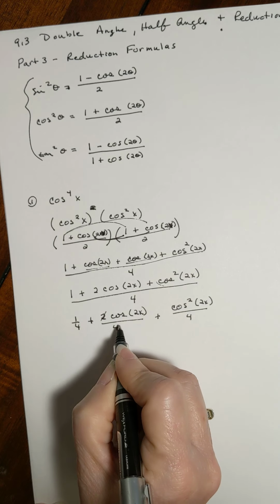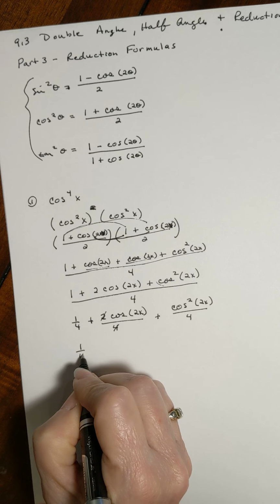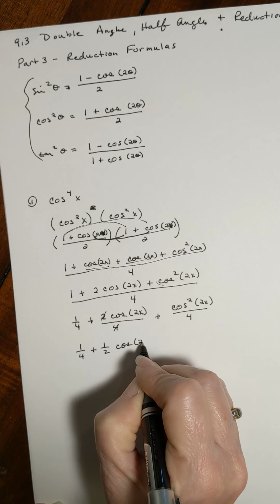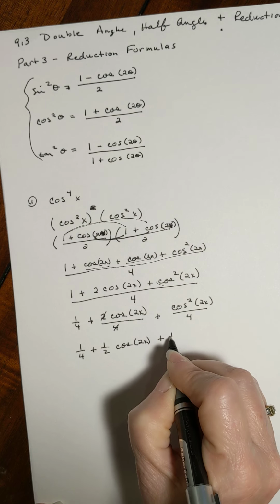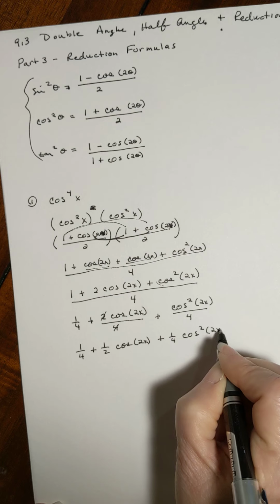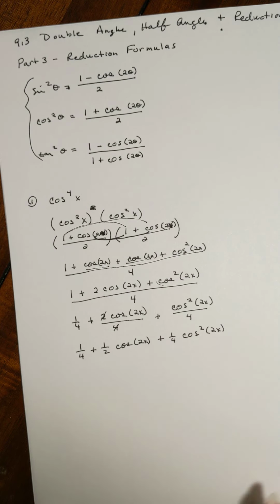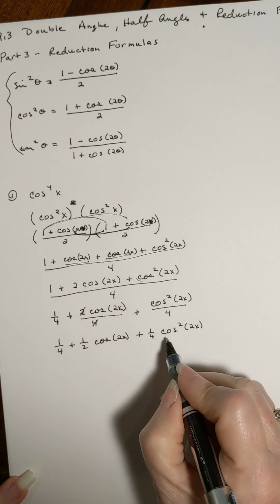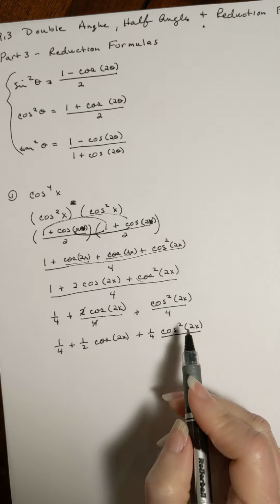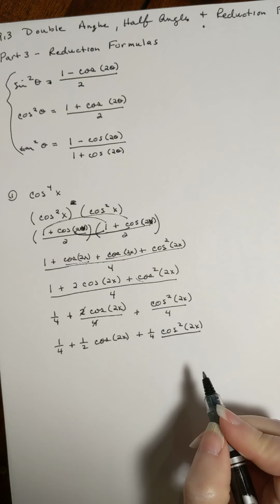So I'm going to go ahead and cancel this. So I have 1/4 plus 1/2 cosine of 2x plus, and I'll write that as 1/4 cosine squared of 2x. So now the last thing that I have to do is use my power reduction formula again to get rid of the cosine squared of 2x.